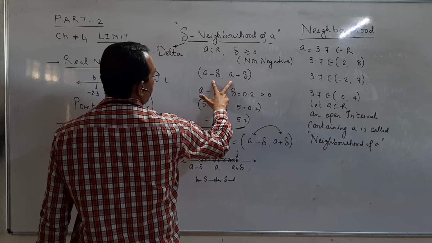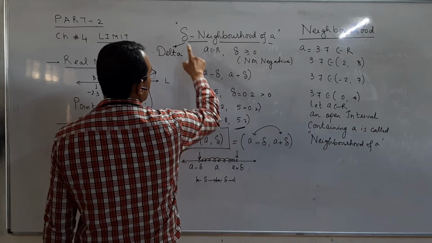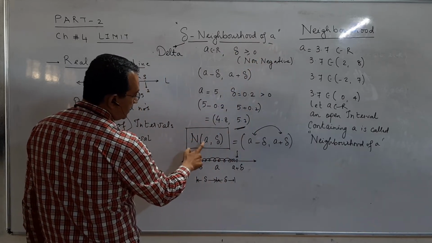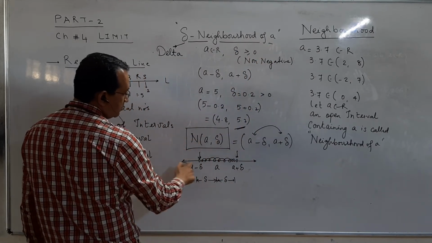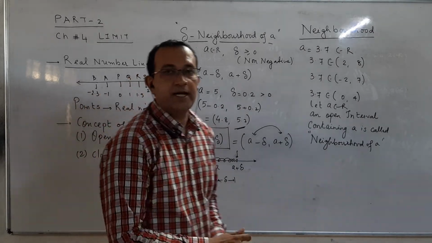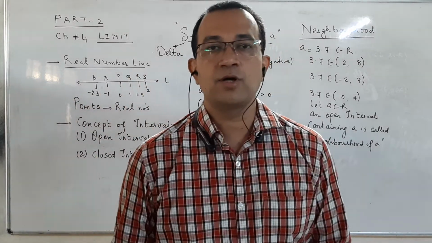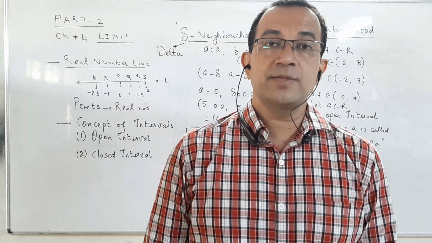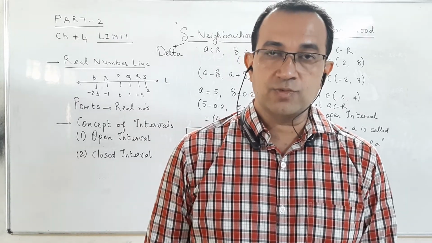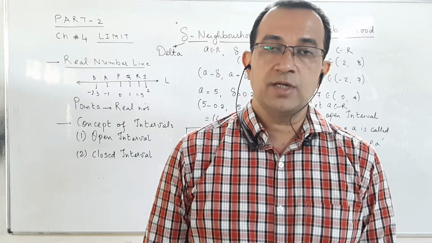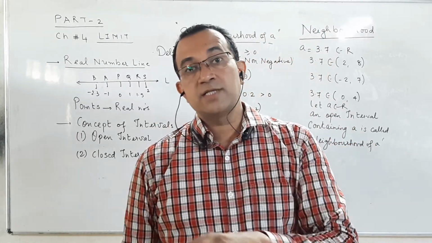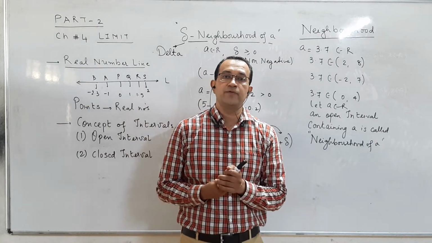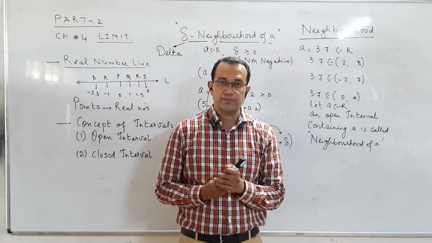The open interval A minus delta to A plus delta is called the delta neighborhood of A, denoted by N(A, delta). This symbol is read as delta neighborhood of A. So today's concepts are very important, students. Let us revise all the definitions and conclude the lecture.